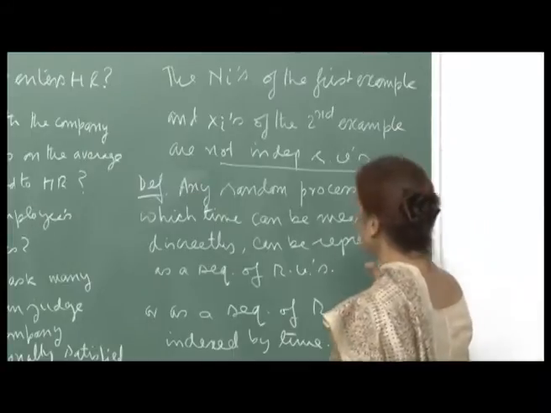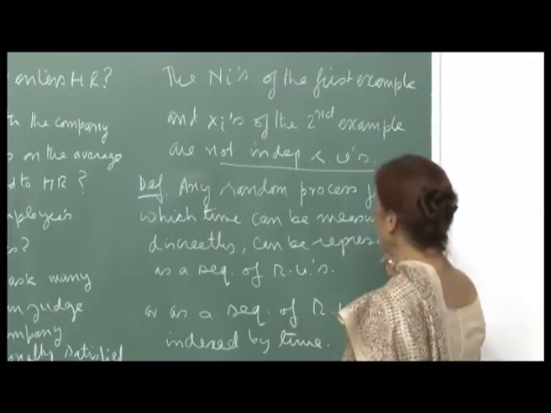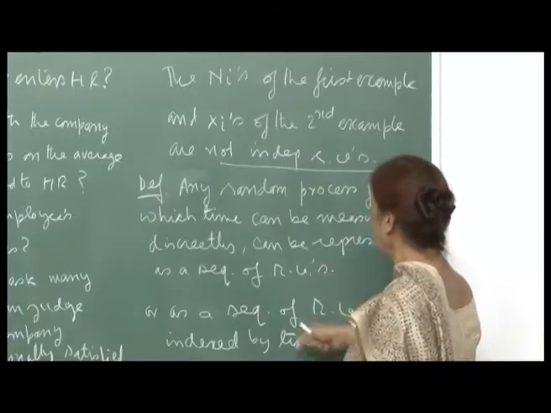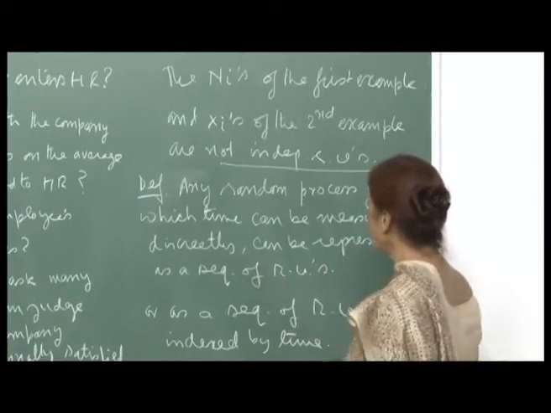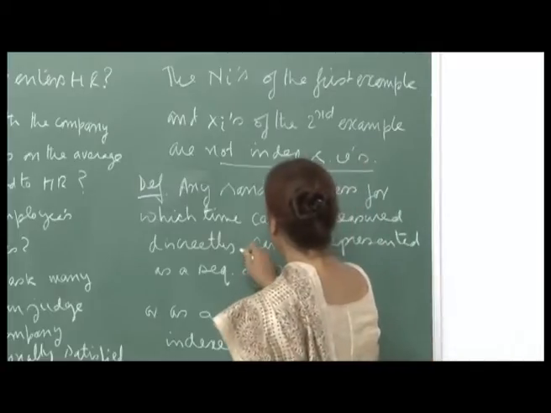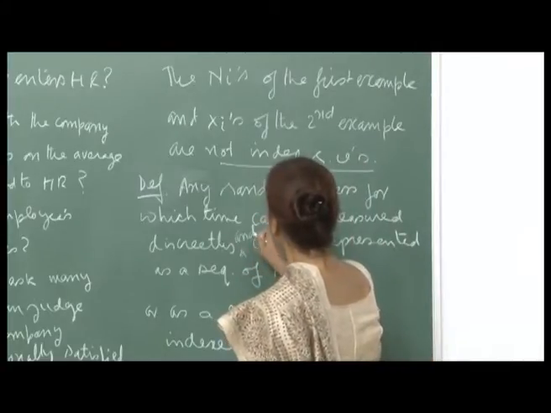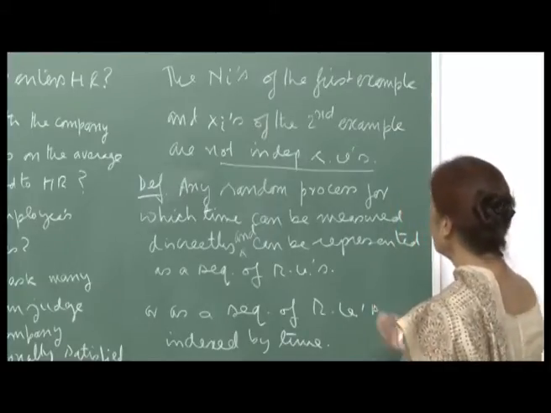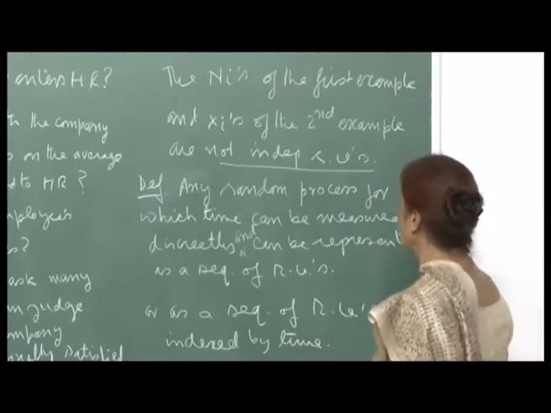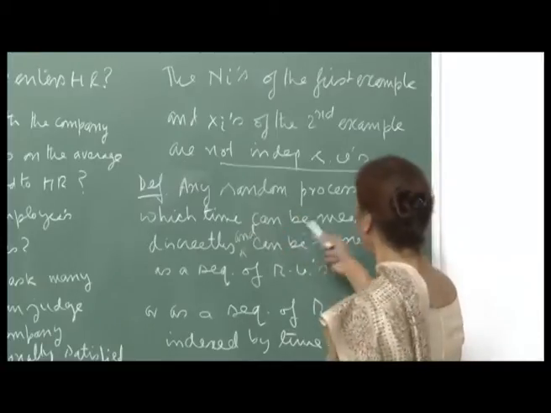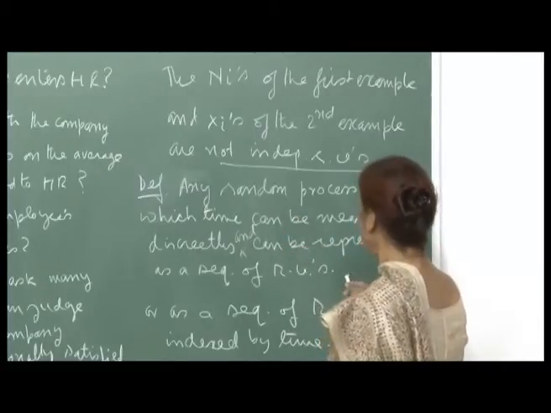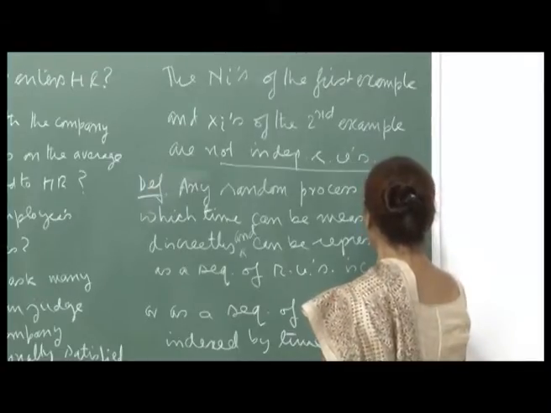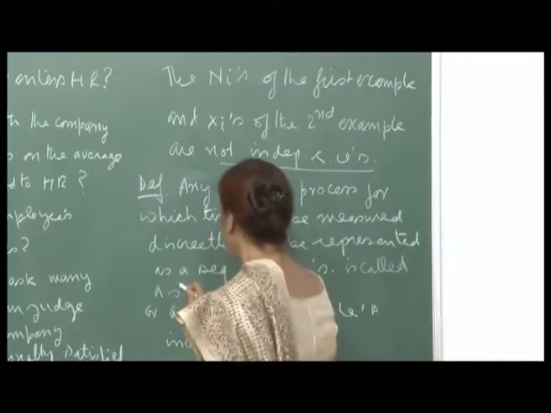So, now we will attempt to define a stochastic process, right, after these two examples. Any random process for which time can be measured discretely and can be represented as a sequence of random variables, I will call it a random process, or a stochastic process.